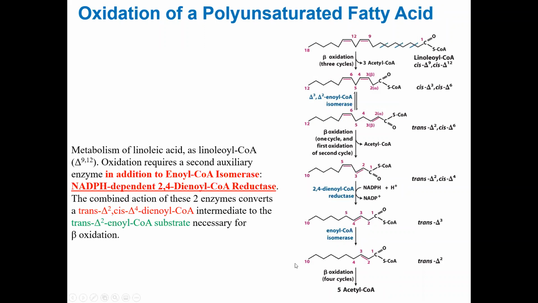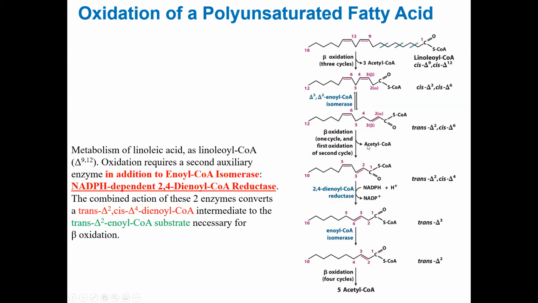And then once you have that, again, you can carry out 4 rounds of beta oxidation on that to generate 5 molecules of acetyl coenzyme A. So totally, from an 18 carbon polyunsaturated fatty acid, you should make at least 9 molecules of acetyl coenzyme A, and you can count how that's happening, right? 3 you produce right here in the top reaction.